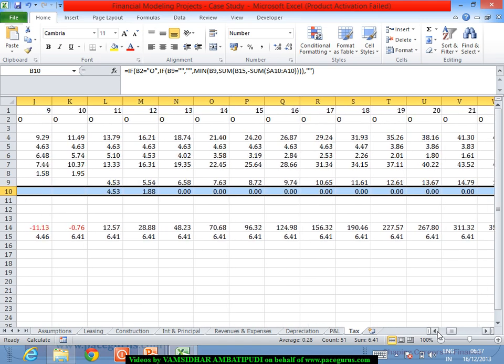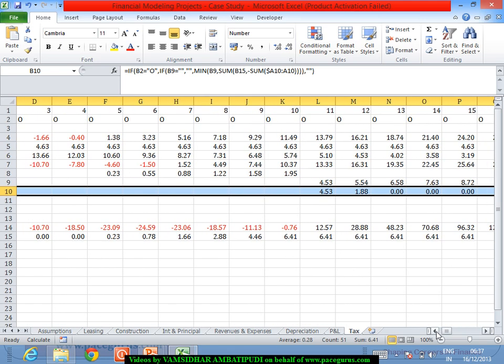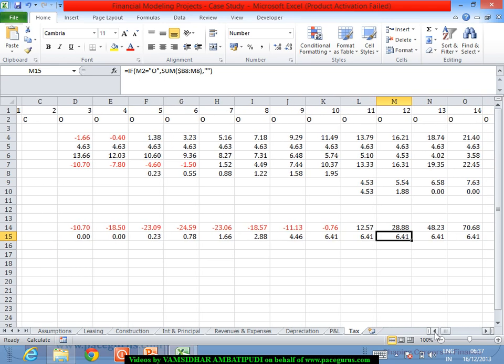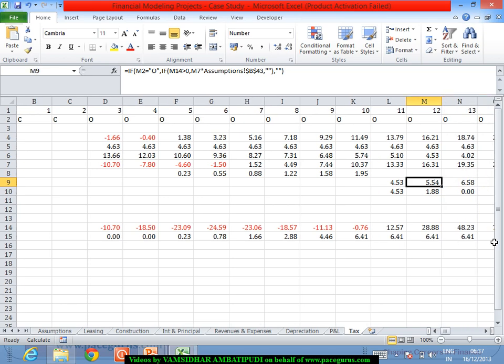The MAT credit is applicable for these 2 years because the total MAT is 6.41 crores that we have paid, whereas in this year the corporate tax that I am liable to pay is around 4.53 crores.